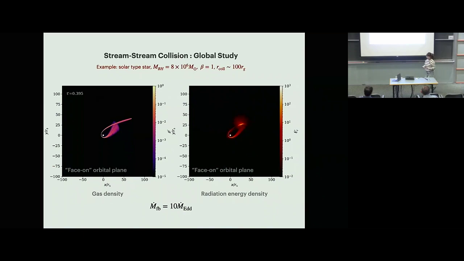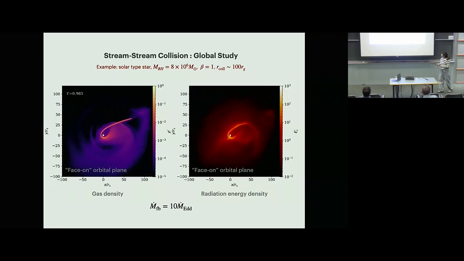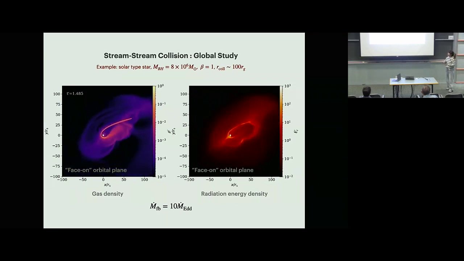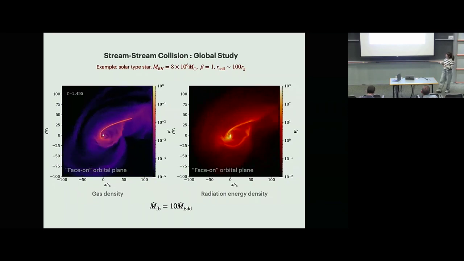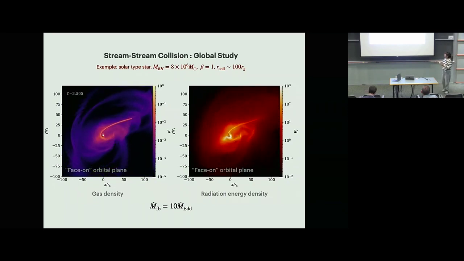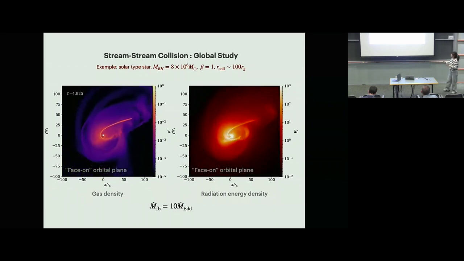In this one, at this moment, the two streams are just touching each other. We also see this local enhancement of radiation energy density. But as we play the movie, they never show a super clear sign of repeating interaction. Instead, we start to have some level of gas circularization near the black hole, and the overall gas density near the black hole starts to increase, and so does the radiation energy density.